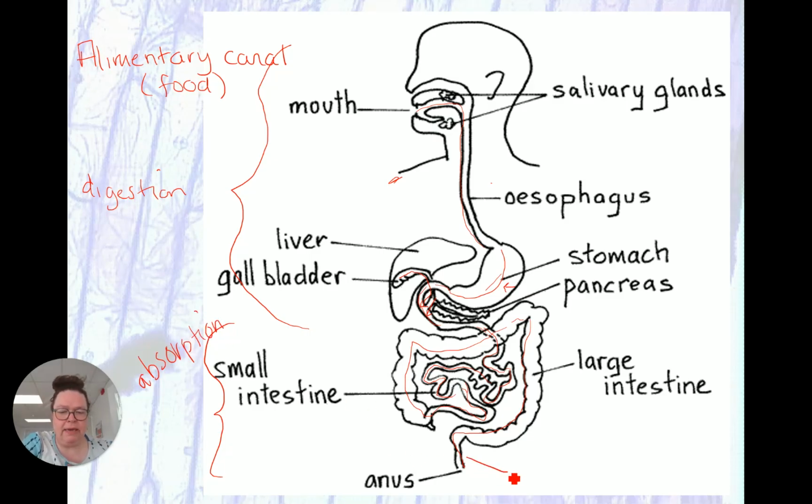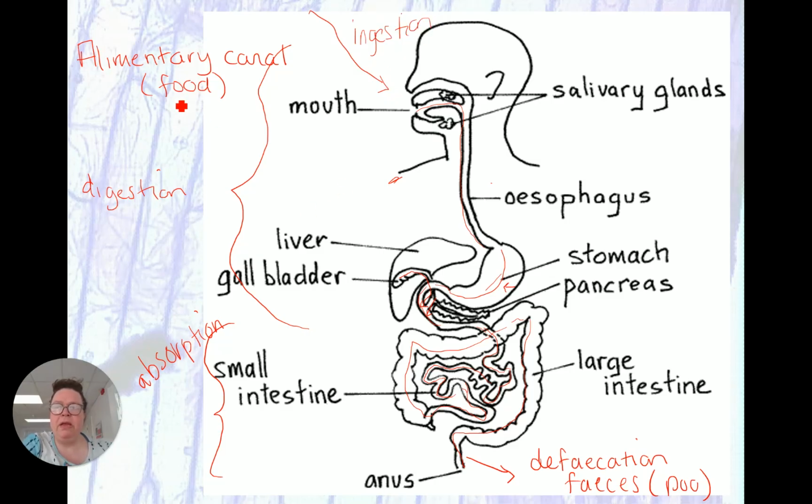And any waste leaving the anus, now a lot of people think it's excretion, and I'm not surprised because they even use that word on the news. That is not the case. The process is defecation, and we are getting rid of feces. So feces is the poo and the process is defecation. And all the way up here, the food going into the mouth, ingestion, because we're taking it in, ingestion.